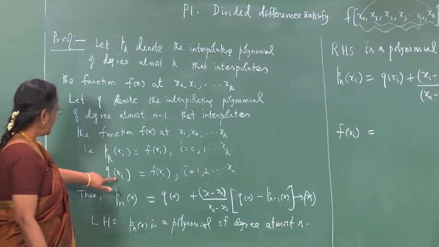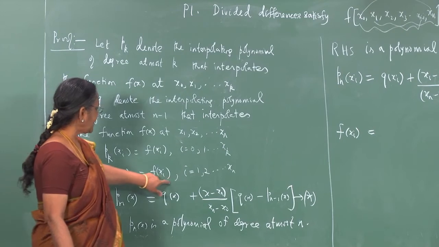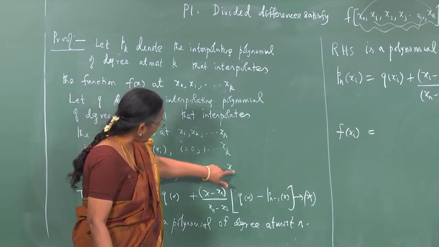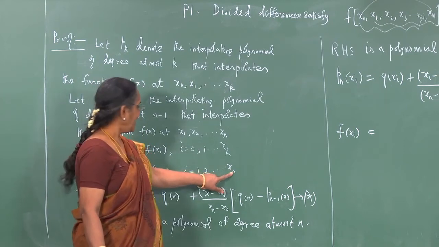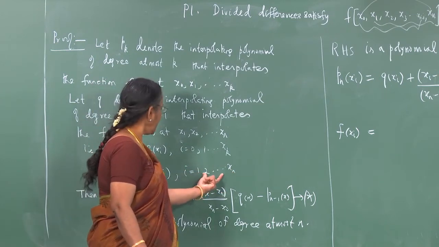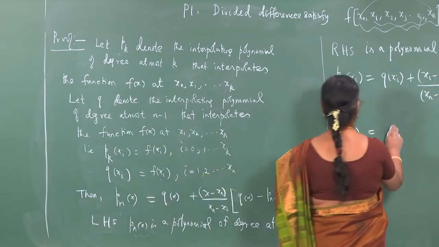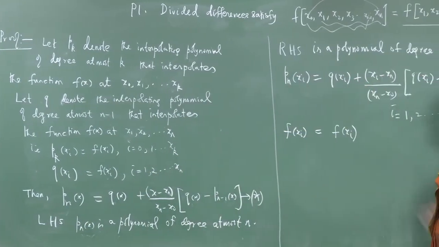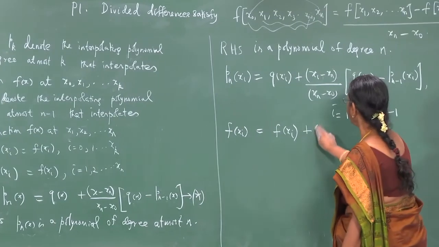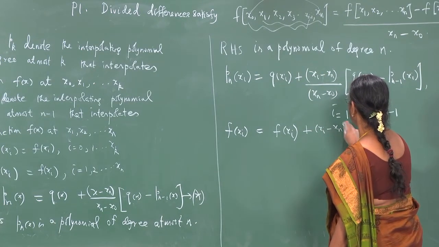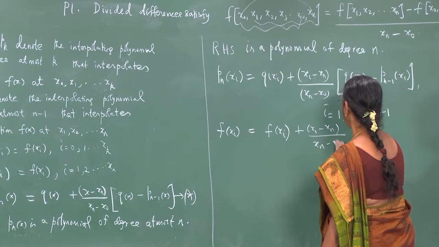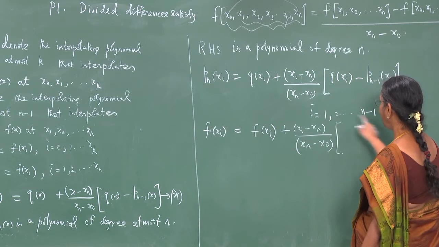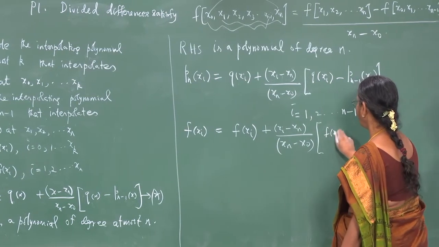What does q do? q of xi is f of xi for i equal to 1, 2, 3 up to xn minus 1 and xn, and therefore, up to n minus 1 q of xi is f of xi because it interpolates these at these points. So, plus (xi minus xn) divided by (xn minus x0) into what is q of xi at these points? It is f of xi.